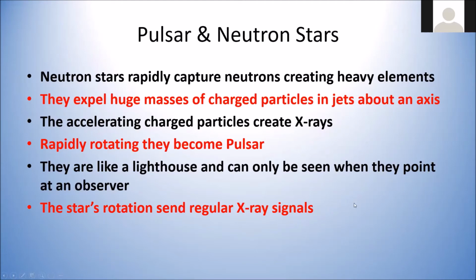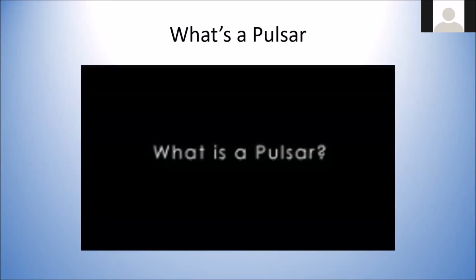You see a blinking signal or a blinking X-ray. And when it was first discovered, there was a lot of speculation. It was aliens trying to contact us. Turned out, nope, just some stars. So let's go and take a look, listen to what a pulsar is from NASA.